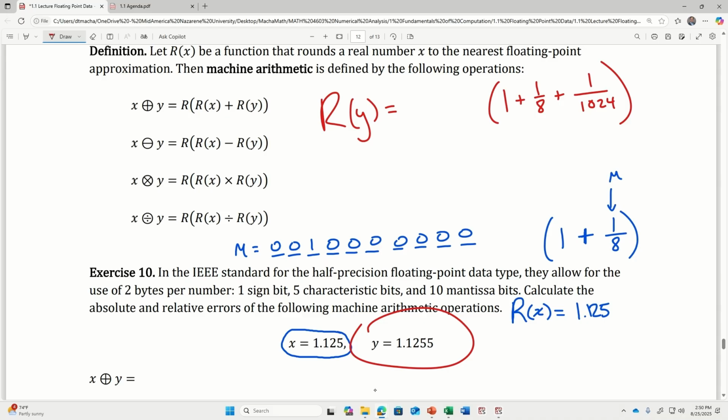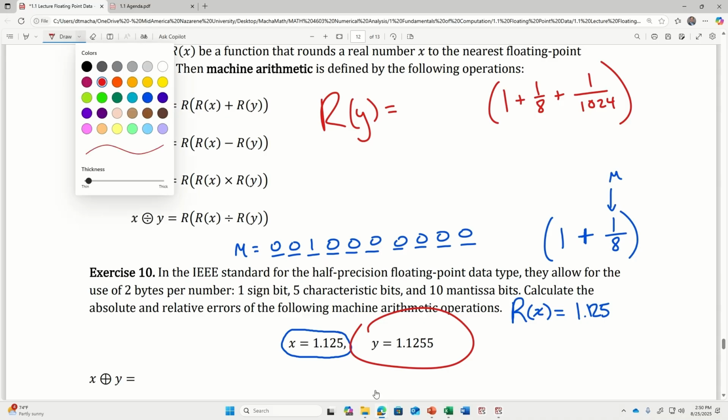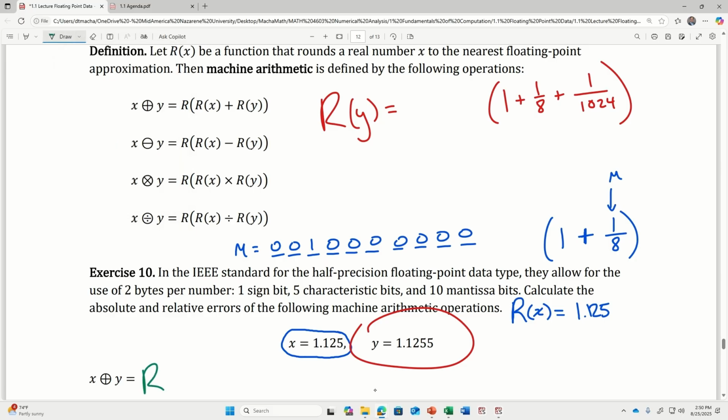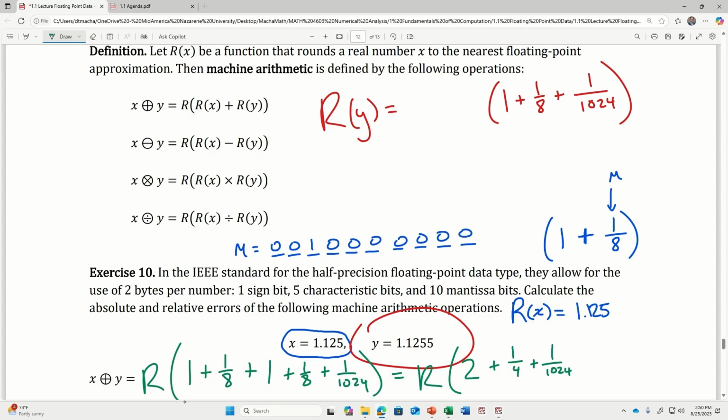Now, we have to add these together, right? So I've got 1 plus 1/8 for the x part. And then I have to add y, which is plus 1 plus 1/8 plus 1 over 1024. And so that's going to be something like 2 plus 1/4 plus 1 over 1024.